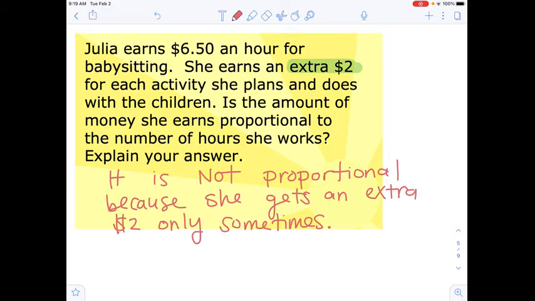Right? If she were to make $6.50 an hour and she planned an activity for every single hour, every single time, then it would be proportional. But that's only the $2 sometimes, so it's not proportional. You could also say our basic sentence, it is not proportional because the rate of hours to money is not constant.